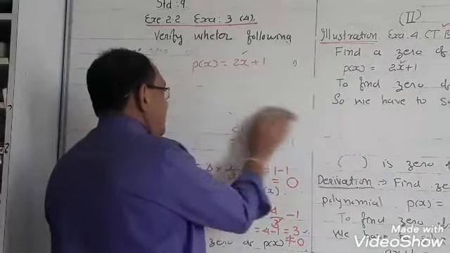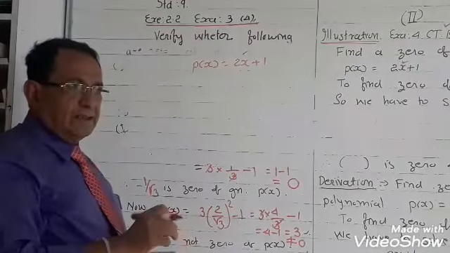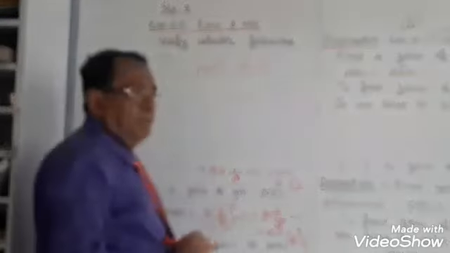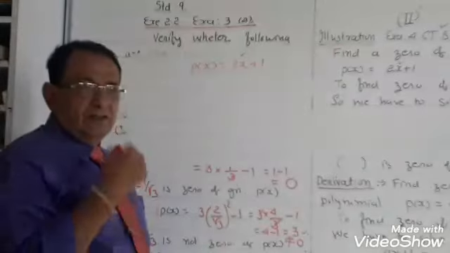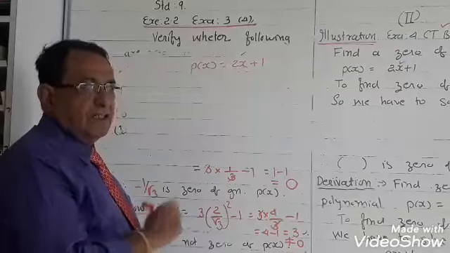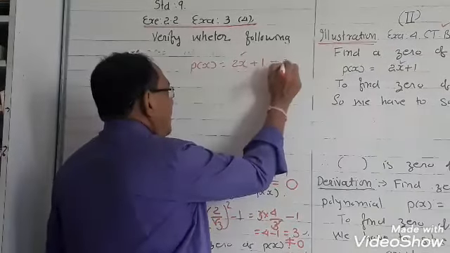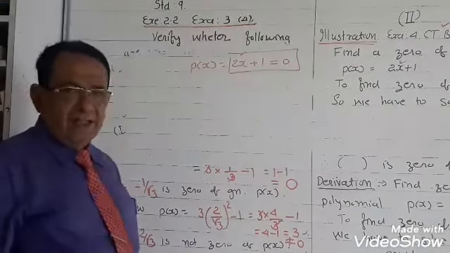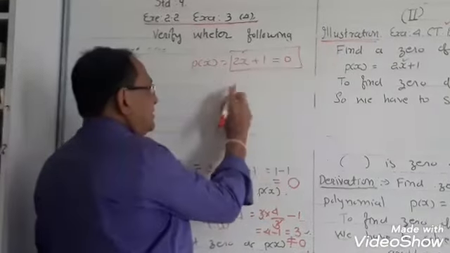So in standard 8 you saw that a number which is multiplied by 2 and adding 1, the result is 0. Then find that number. Such types of examples become your linear equation. Compare it with 0.